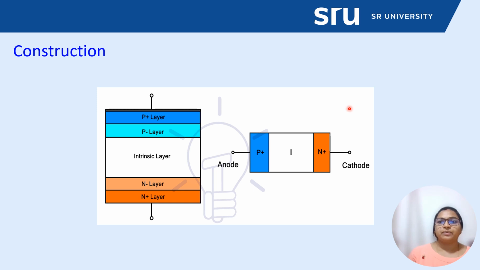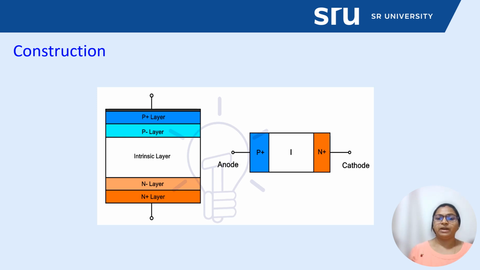So the working of this PIN diode is very similar to the normal PN junction diode. But obviously, since here we have an intrinsic layer, this intrinsic layer profoundly influences its working. So basically when you don't apply any bias in a PIN diode, the P region contains, we know, holes, the N region contains the electrons, and the intrinsic layer acts as an insulator barrier with no net charge carriers.